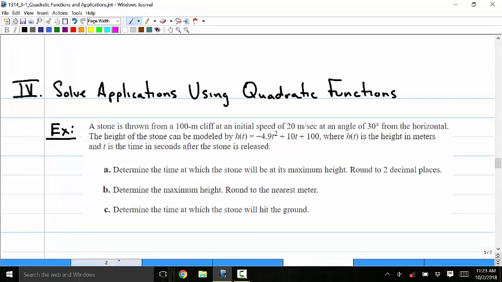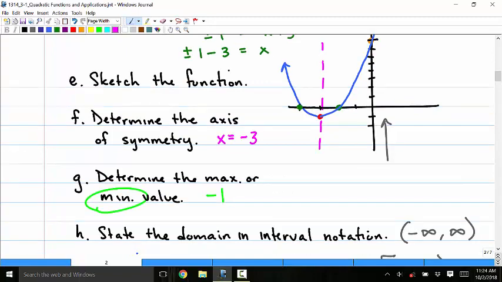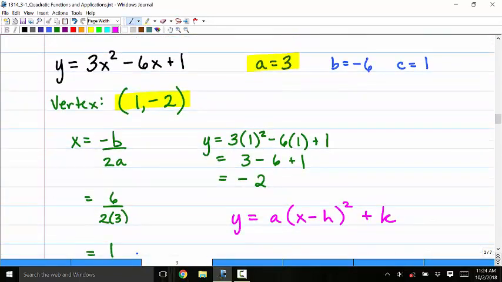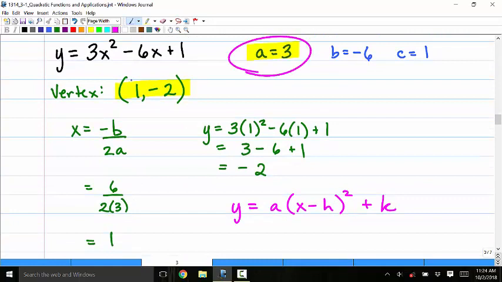Just plug and chug. Here's your a, here's your h, here's your k. So I get y equals 3 times x minus 1 squared plus negative 2.